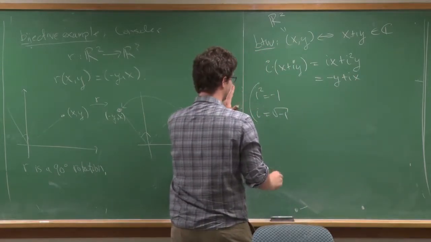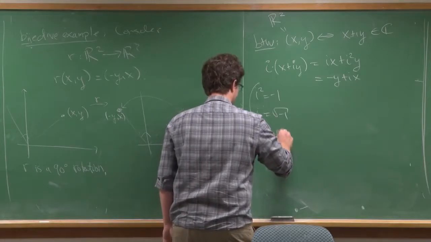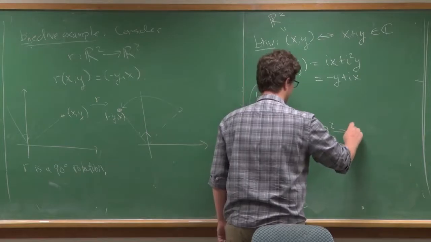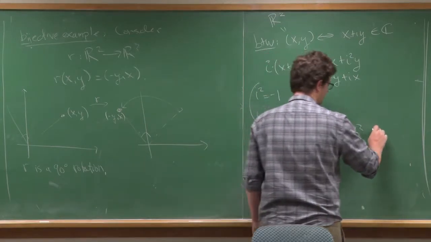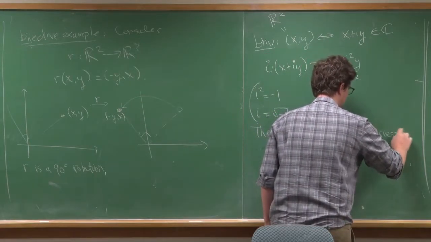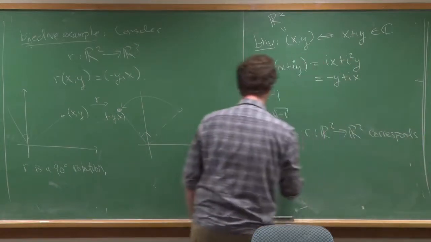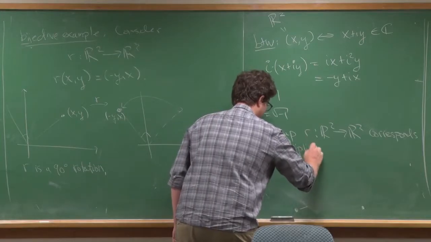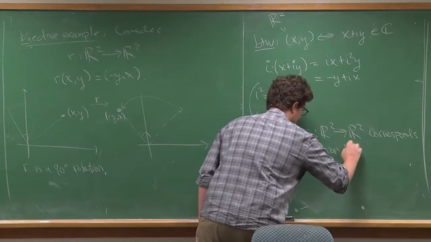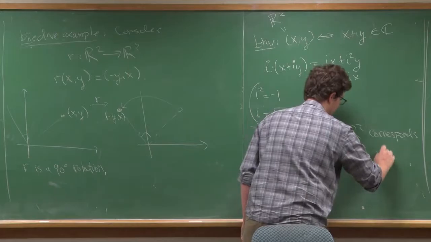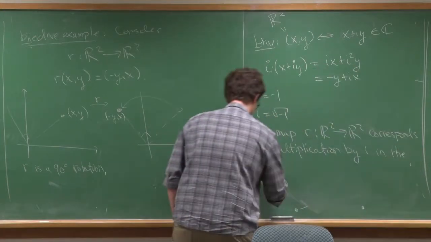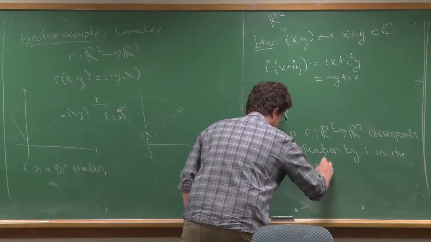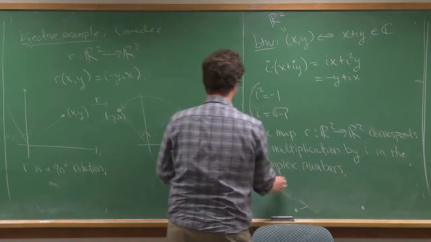So the map R from here to here corresponds to multiplication by i in the complex numbers. This is not really so relevant.